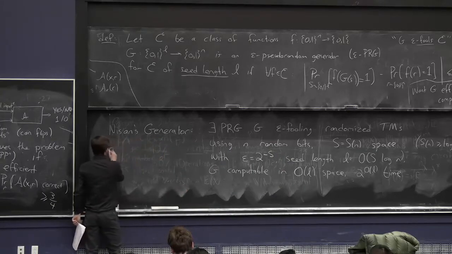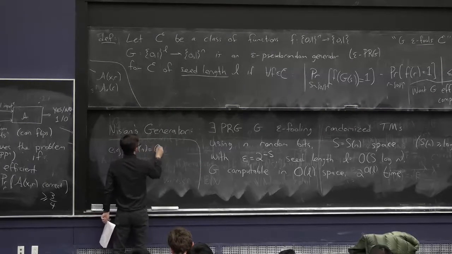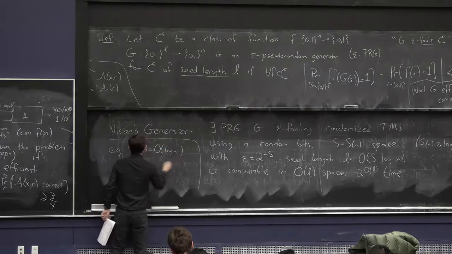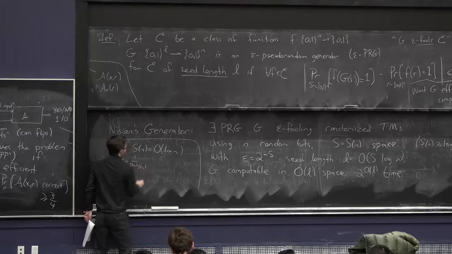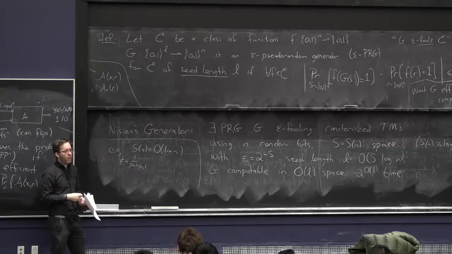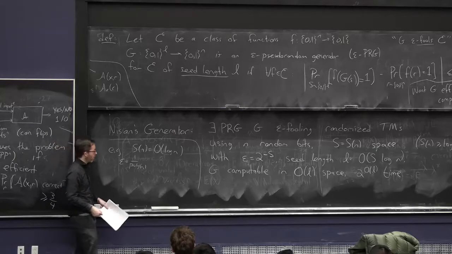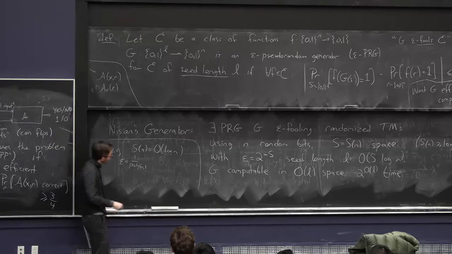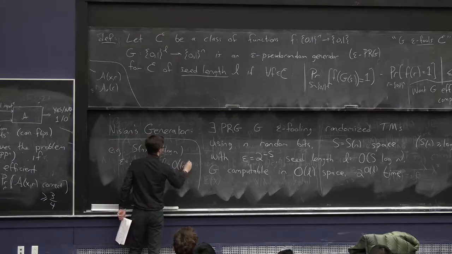OK, so as an example use of this theorem, if S of n is order log n, then epsilon is really great. It's 1 over poly n, which means that substituting the pseudorandom bits for the truly random bits hardly makes a difference to your algorithm. It'll change the output probabilities by only 1 over poly n. The seed length is order log squared n.